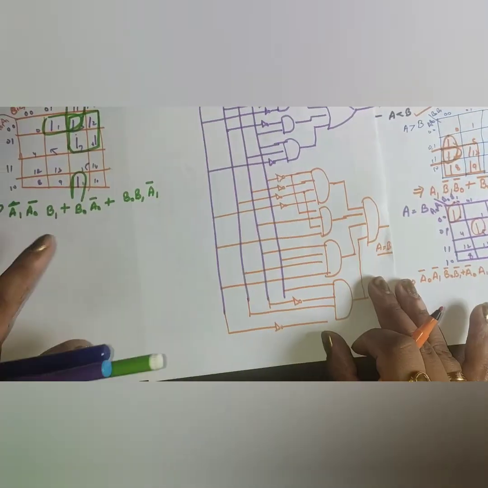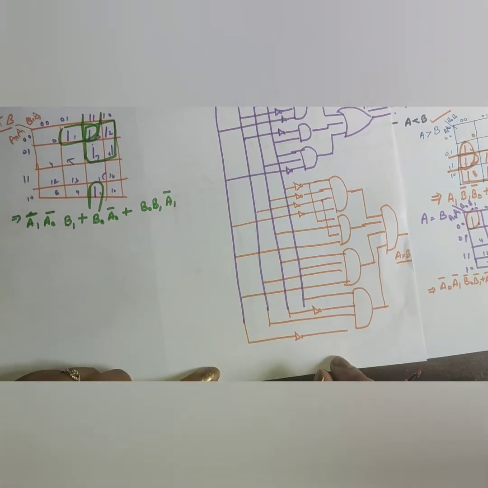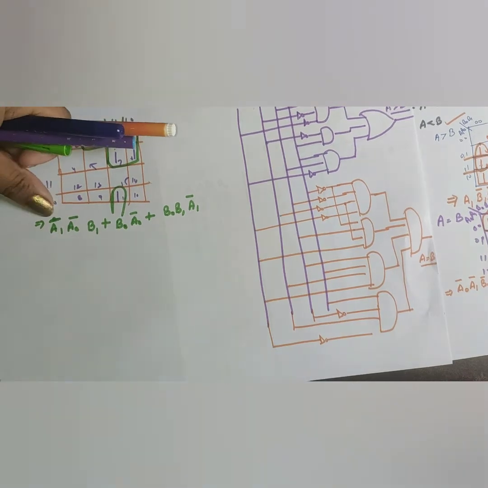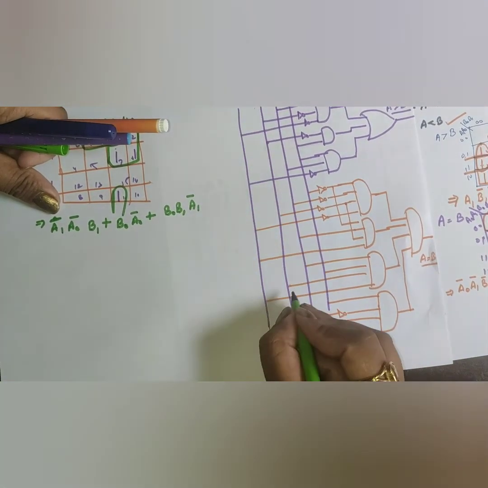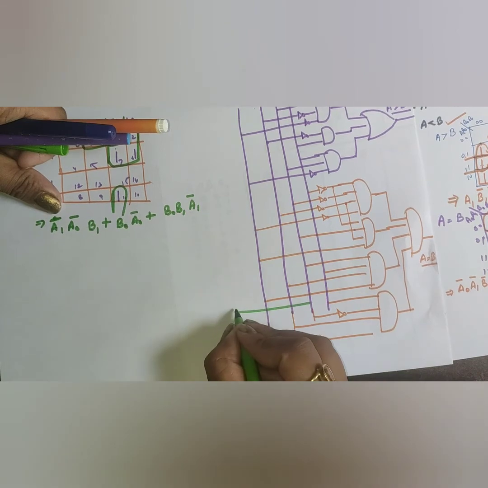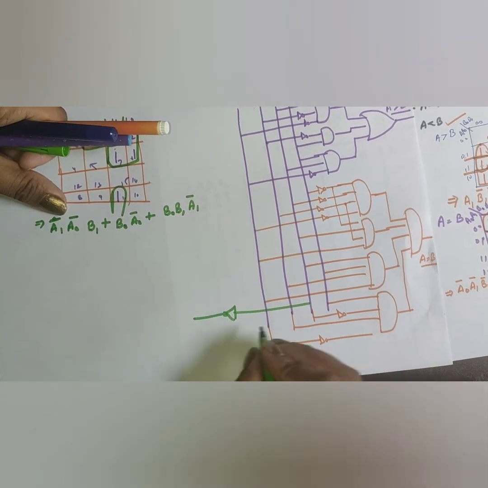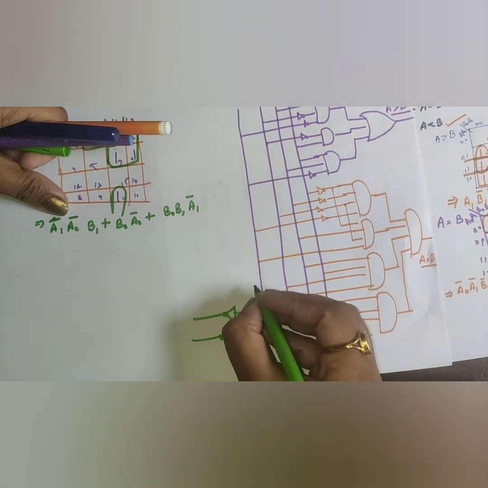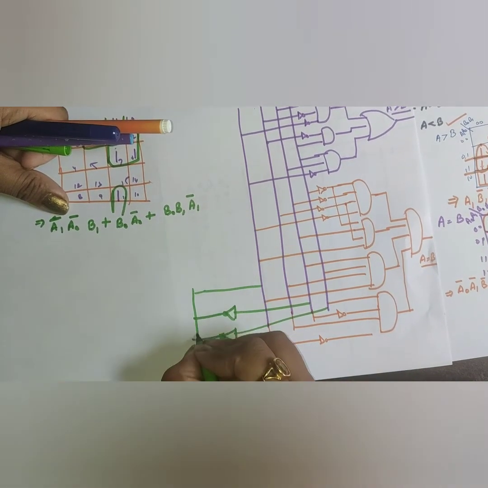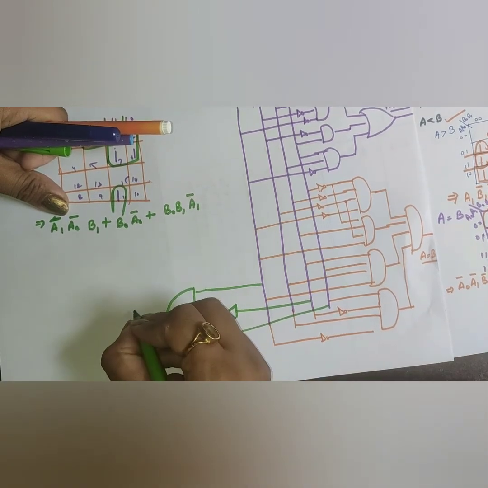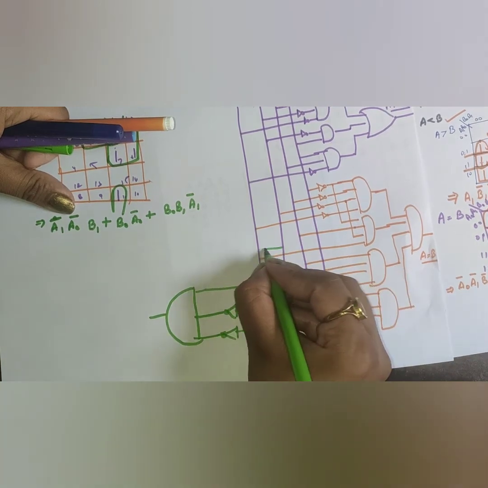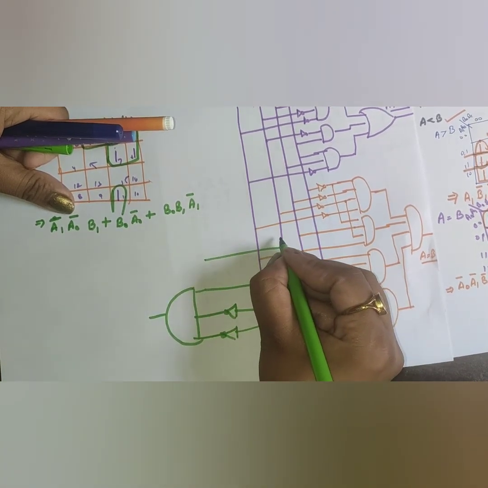Like here you can also make this, but there is no space, so I am making it here in green color. So it is A1 bar. A1 is this, so you can take this from here, A1 bar. Now A0 bar, you can take it from here, A0 bar, and B1. You make an AND gate here, and then B0 is here, B0 is here, and A1 bar.